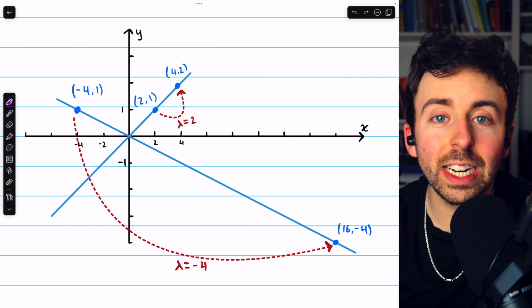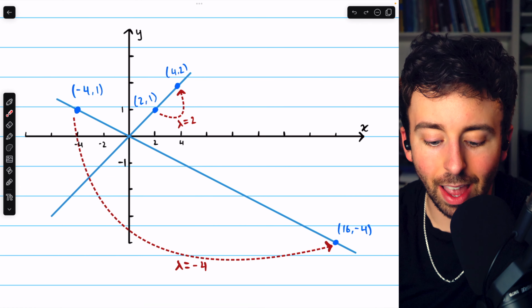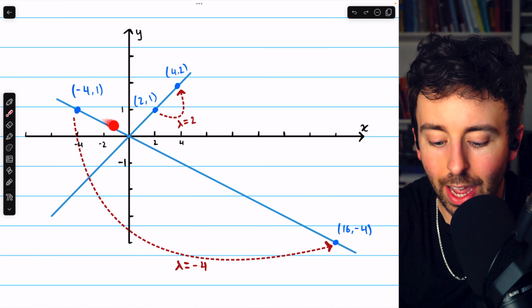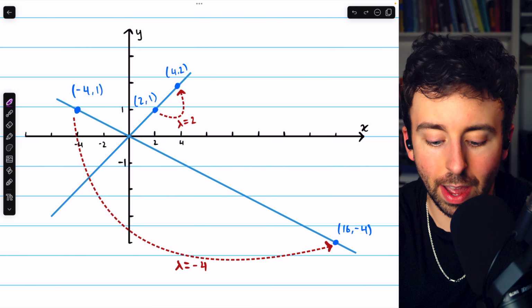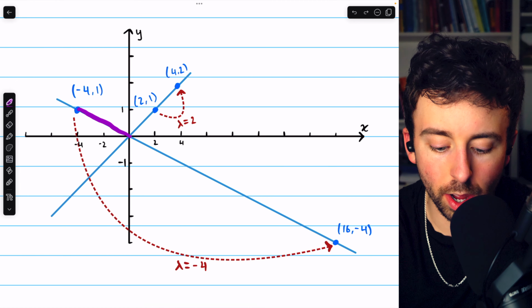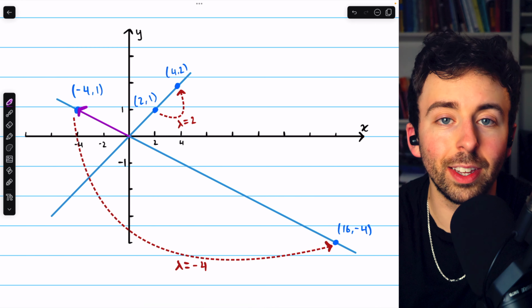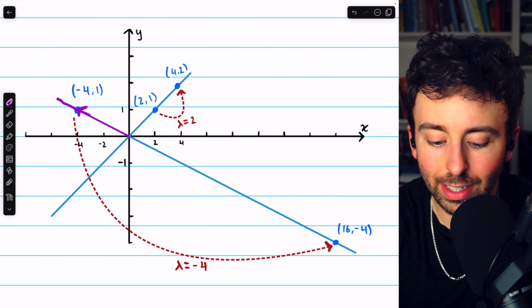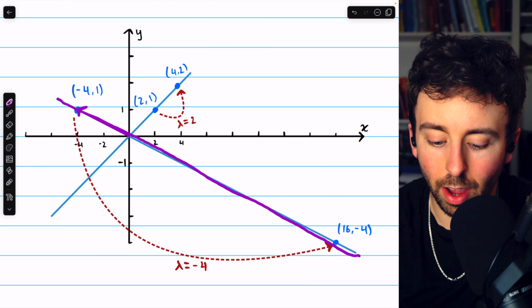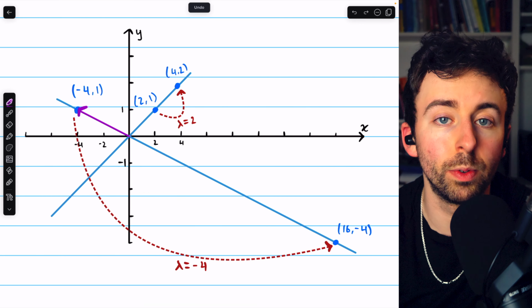Let's quickly take a more in-depth look at the geometry of these eigenspaces. This, again, is the eigenspace corresponding to negative 4. We found that the vector negative 4, 1 was a basis for this eigenspace. And so the eigenspace is just the line consisting of all scalar multiples of that vector, which is a line through the origin.